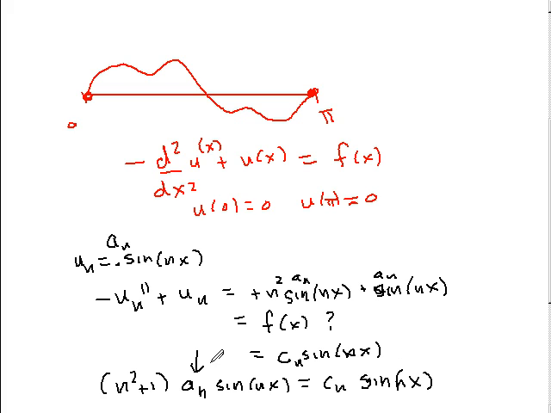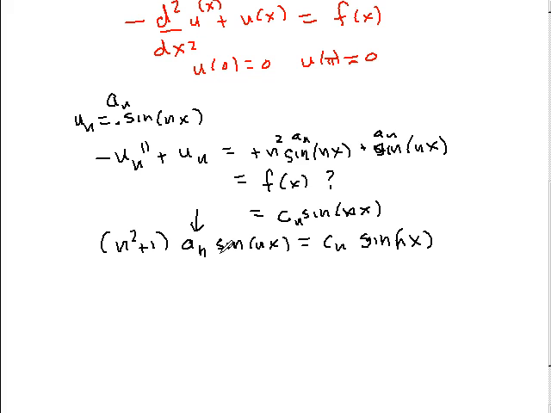And we could, of course, solve for this because we know n, we know sine, we know the right-hand side, and we're trying to solve for a. What is a? If I cancel the sines, a sub n is just 1 over 1 plus n squared times c sub n.